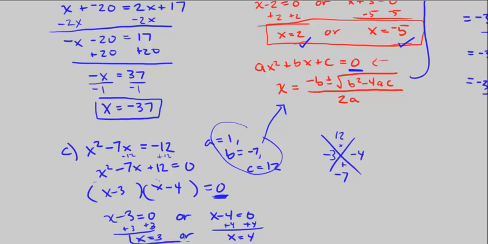So for part C, our answer is x equals 3, or x equals 4. Let me box it a little better than that. And if we use the quadratic equation, we're going to get the same answers. Okay, let's move on to part D.